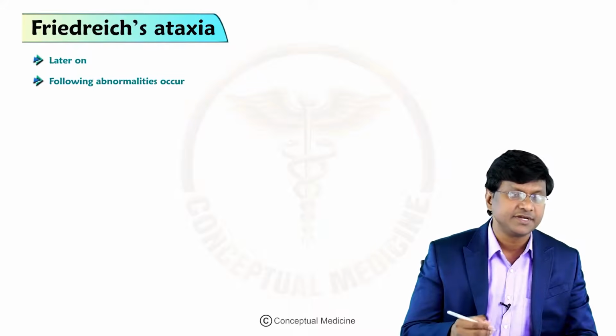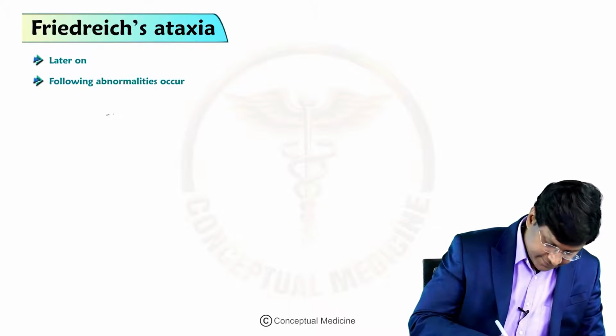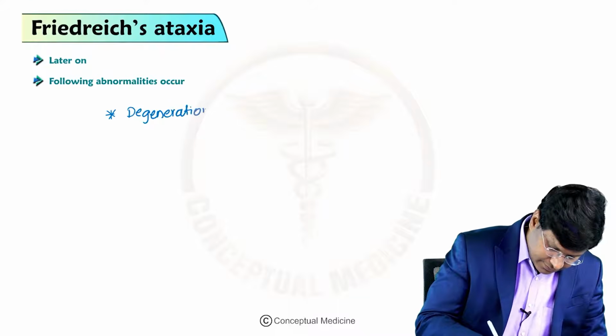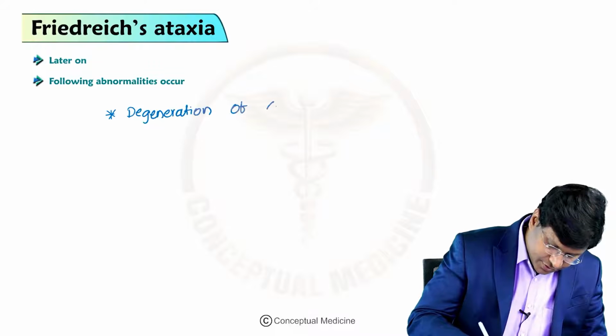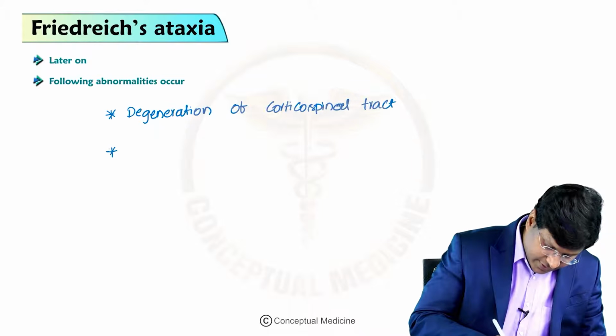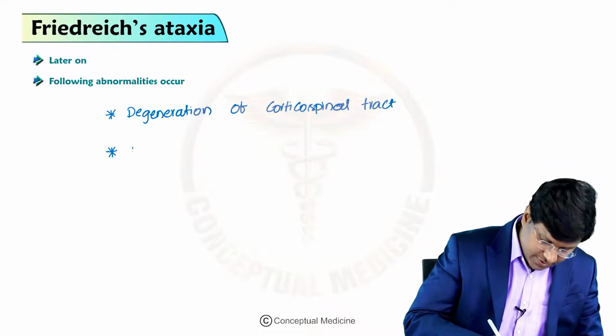The other structures which are being affected: degeneration of the corticospinal tract. The second important structure is degeneration of the posterior columns.